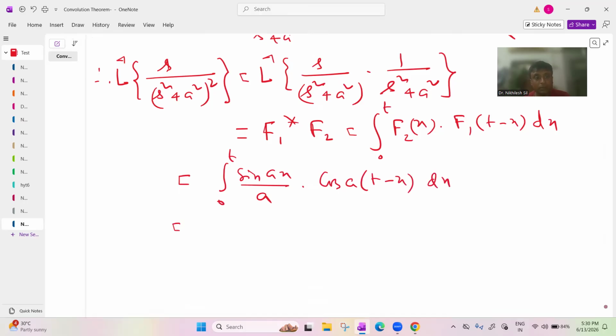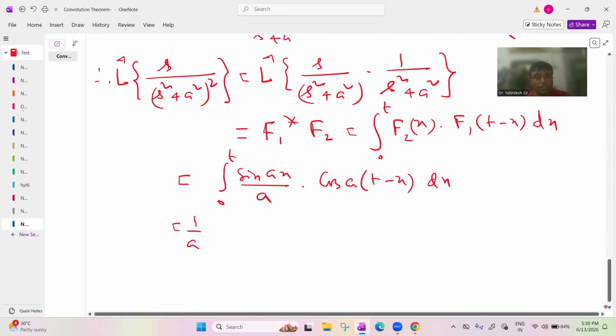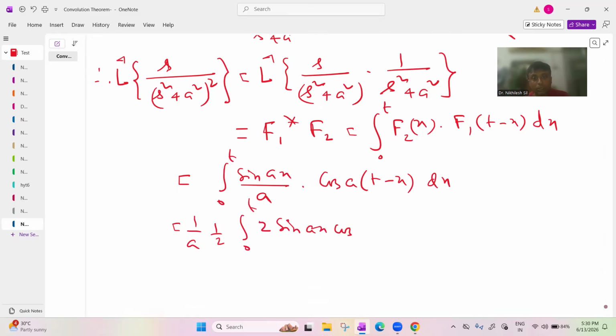We can take 1 by a outside, then multiply it by 1 by 2, integration 0 to t 2 sin A cos B dx. What is the formula?